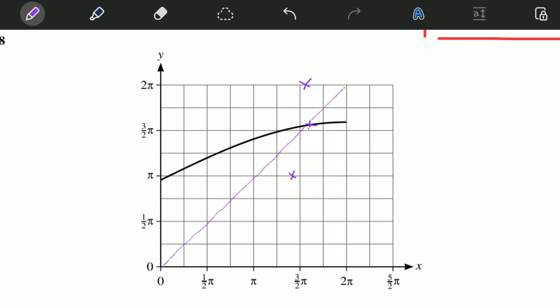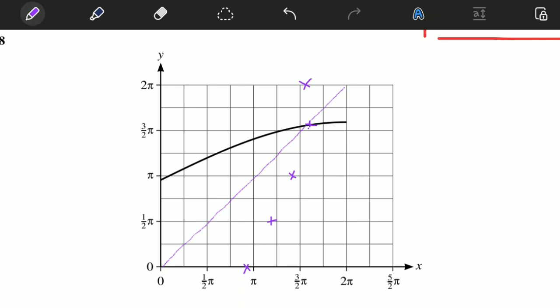Then at pi by 2 it is here, after pi, where it is meeting the axis. Let's say this one is meeting just below pi at 0. Okay, so these are the sequence of points that we got.